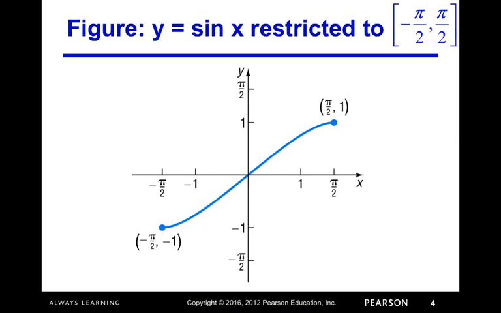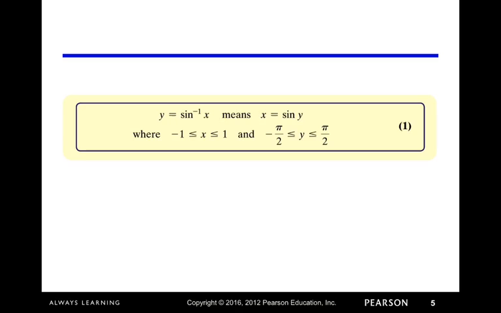Okay, so we've already talked about that. We've restricted our sine in the domain of negative pi over 2 to pi over 2. So the inverse sine symbol is sine with a superscript negative 1, the inverse function symbol. It looks like an exponent, but it means inverse.